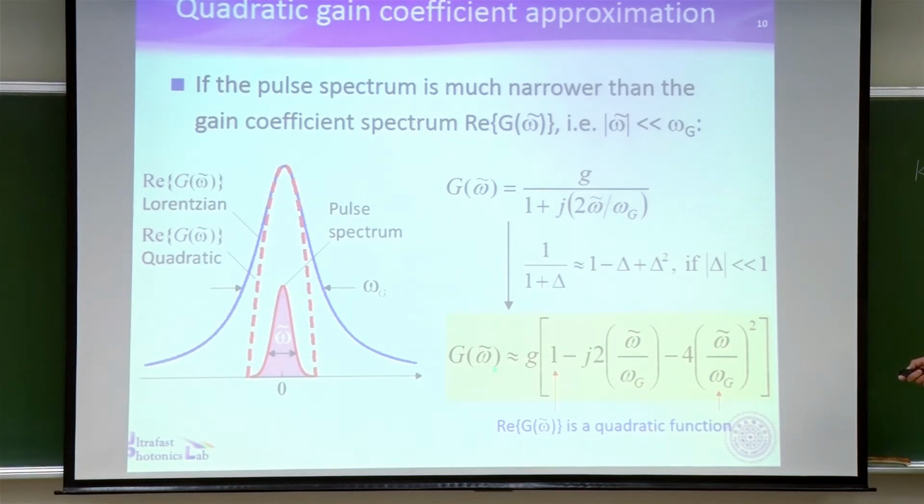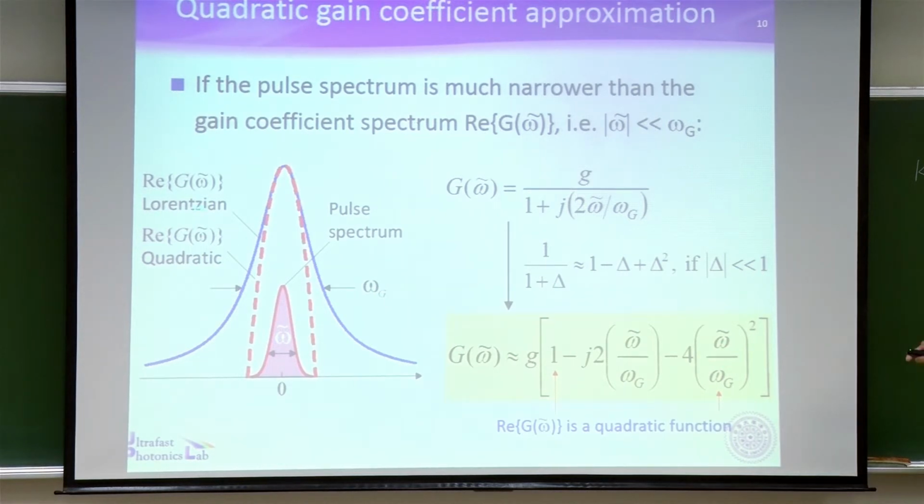And remember, big G is in the exponent. Big G, the first term and third term, is G minus 4G omega tilde squared over omega G squared.